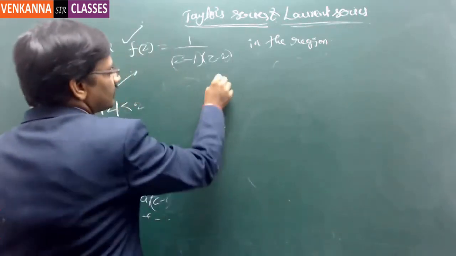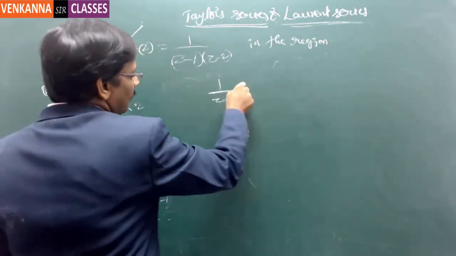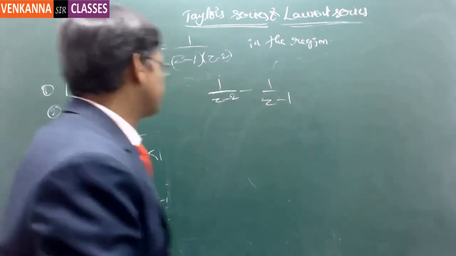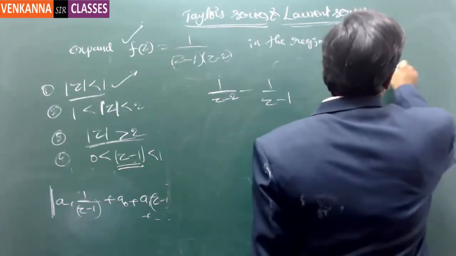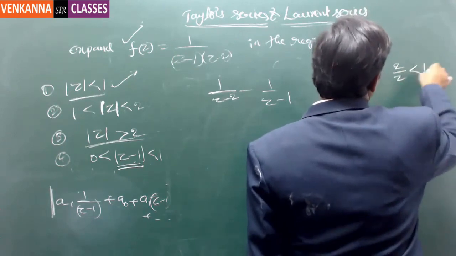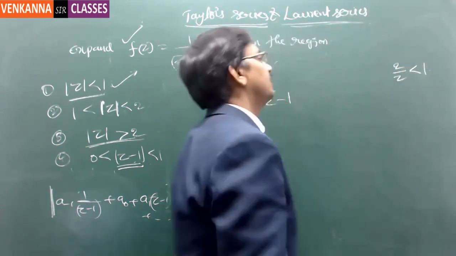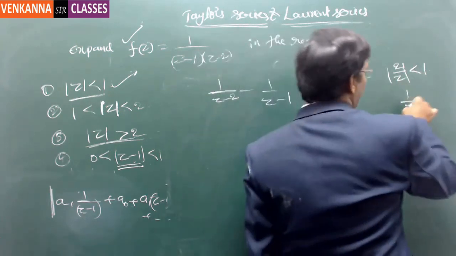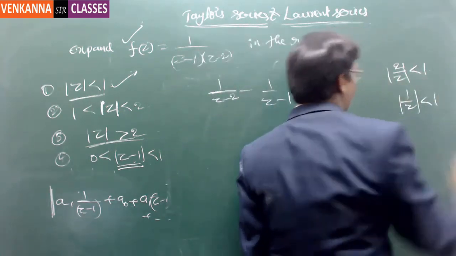In the partial fractions, 1 by z minus 2 minus 1 by z minus 1. The condition we have got here is mod z greater than 2, or 2 by z is less than 1. Now if 2 by z is less than 1, 1 by z is also less than 1. Obvious, right?